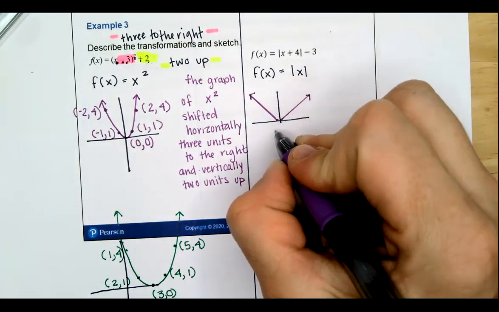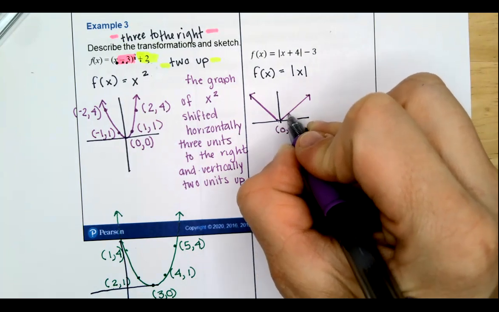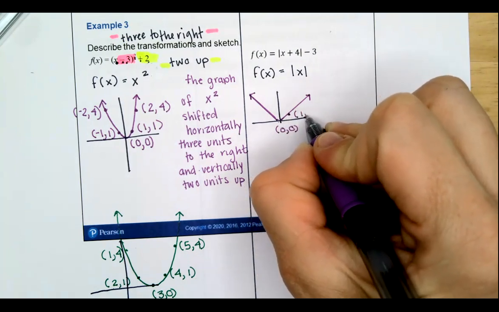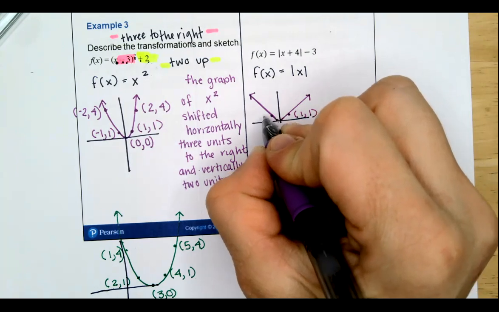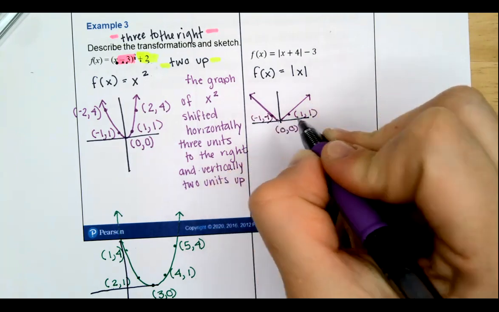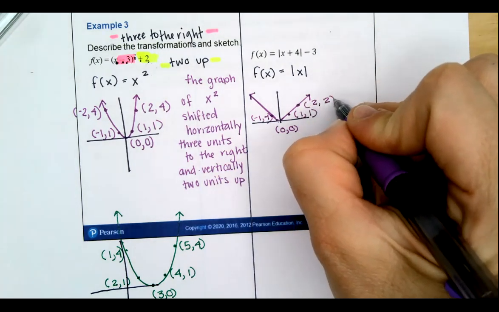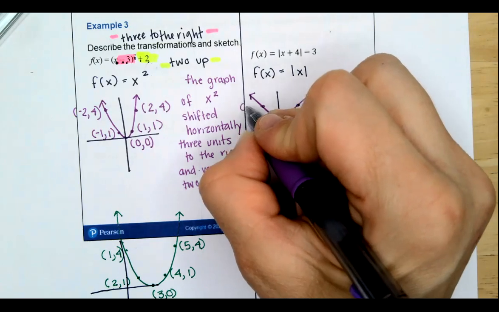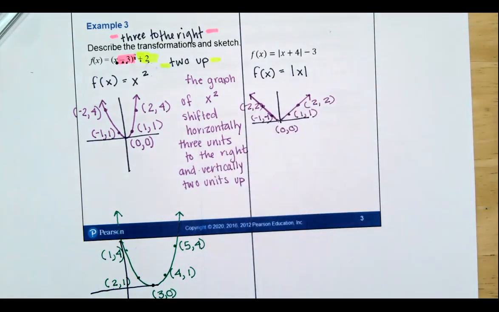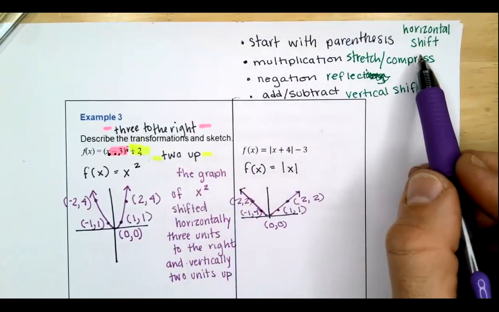We probably need some points for that parent function because that's how we shift things. 0, 0, 1, 1, negative 1, 1, maybe 2, 2. It's getting a bit cramped. Negative 2, 2. Good? All right. Start with parentheses. Start with your horizontal shift.